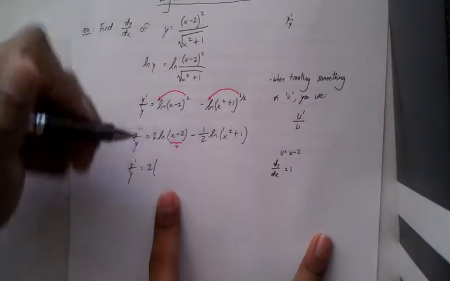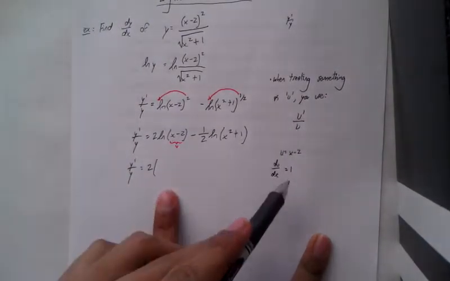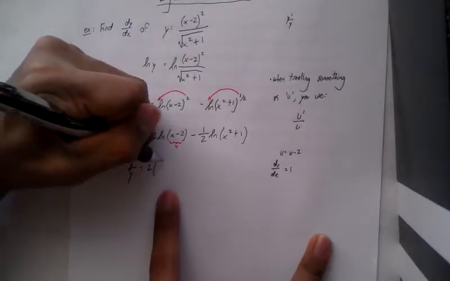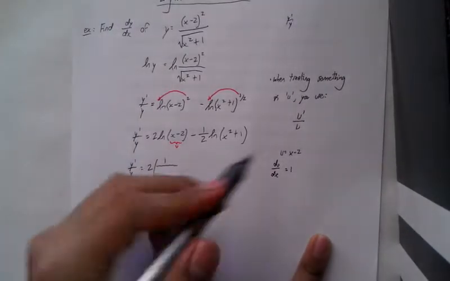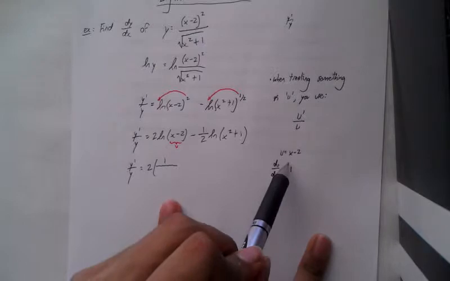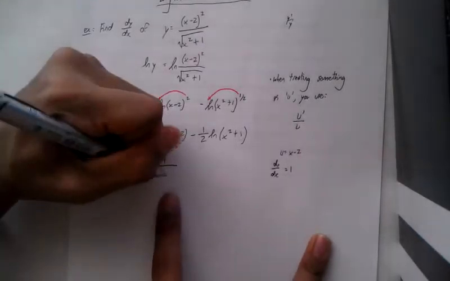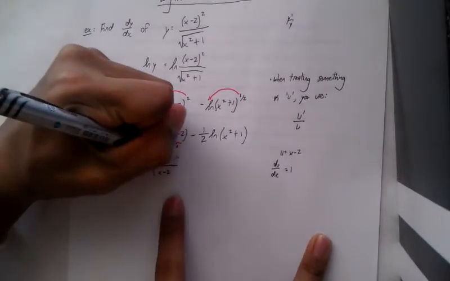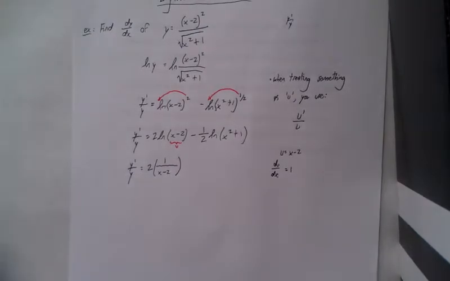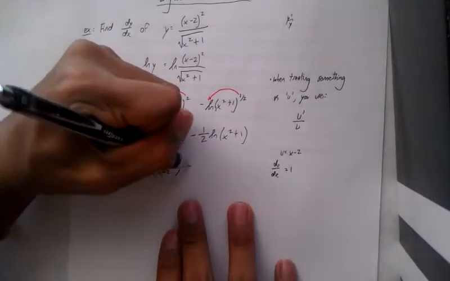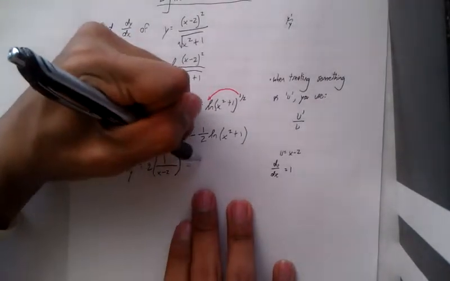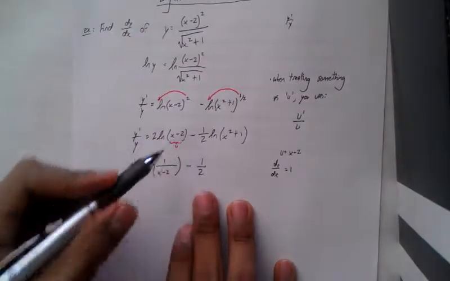So it's going to be 2 times u prime, in this case 1, divided by u. U in this case is x minus 2. And so we got rid of our natural log there.